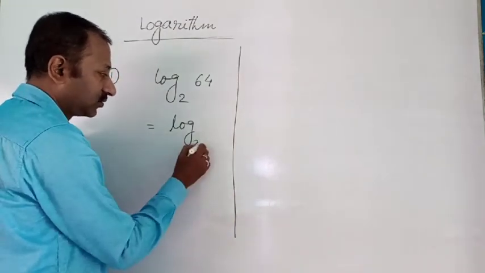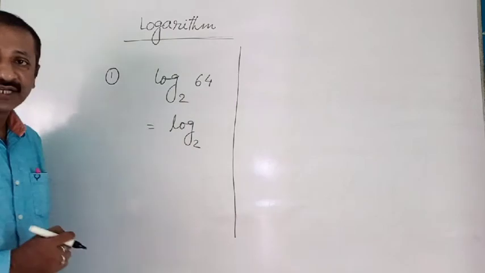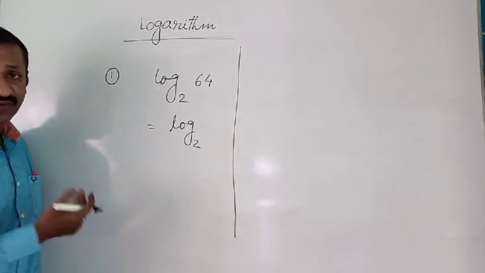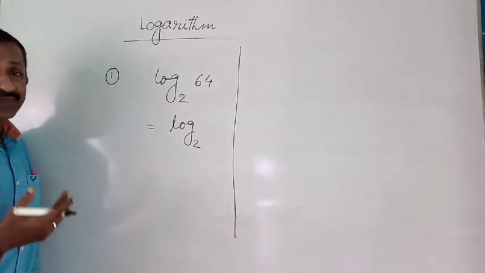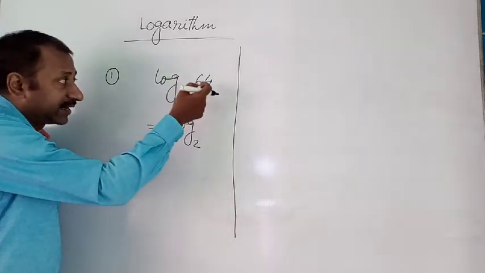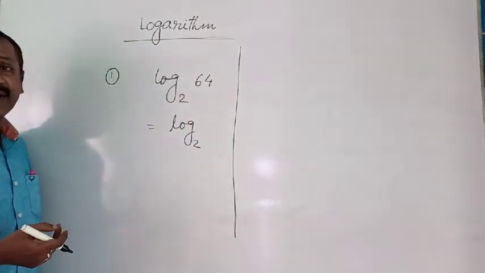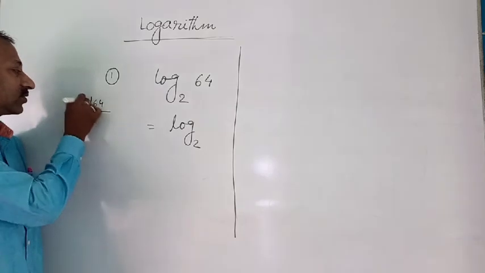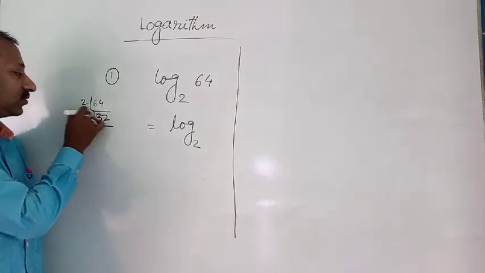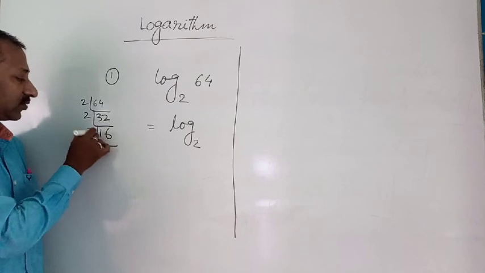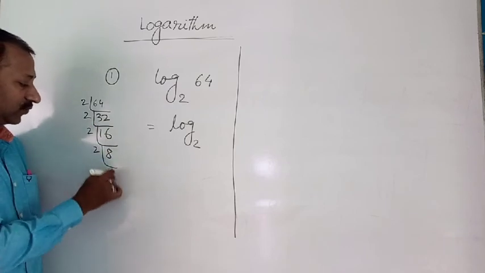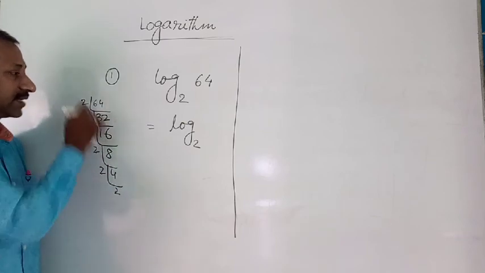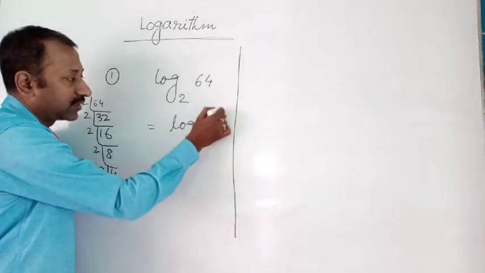Here 2 is the base and 64 is a larger number. If the question is given this way, try to take the prime factors of the larger number. So 64, if you take the prime factors: 2 into 32, 2 into 16, 2 into 8, 2 into 4, 2 into 2. How many 2s? 1, 2, 3, 4, 5, 6. So 64 we can write as 2 to the power 6.